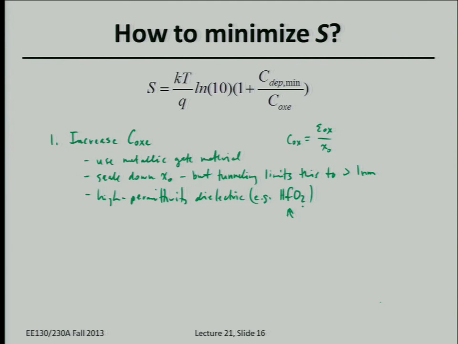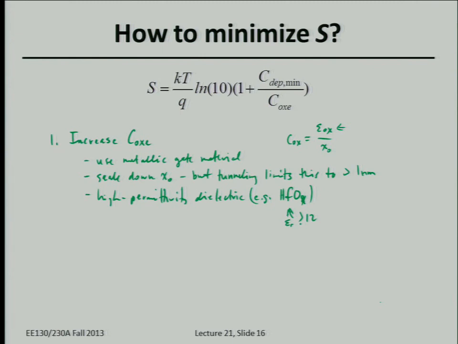But you have higher permittivity, so you have more oxide capacitance. The relative permittivity of hafnium dioxide is greater than 12. It's hard to say because they're so thin that they're not purely hafnium oxide. It might be mixed with some silicon dioxide.